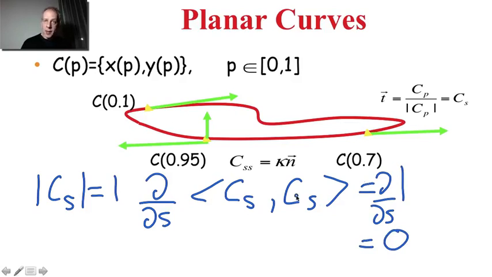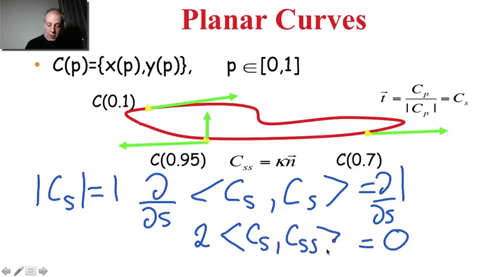The derivative of this is like any other product. It's the derivative of the first times the second plus the derivative of the second times the first. But because these are equal, this is 2 times the inner product of the first derivative with the second derivative. It's like any other product.